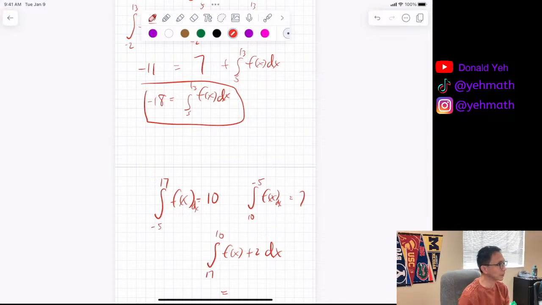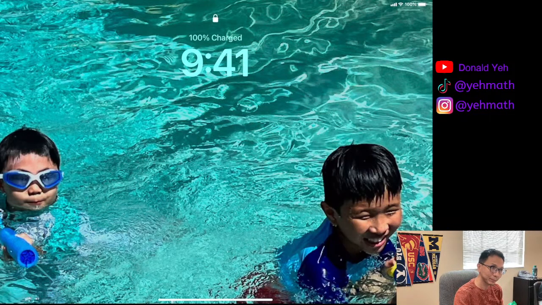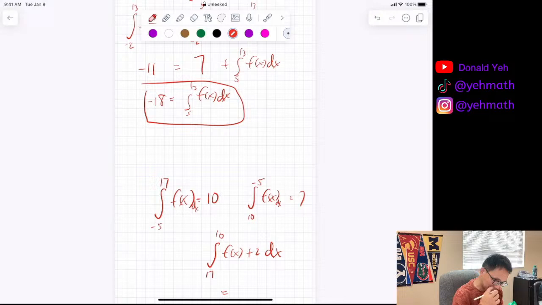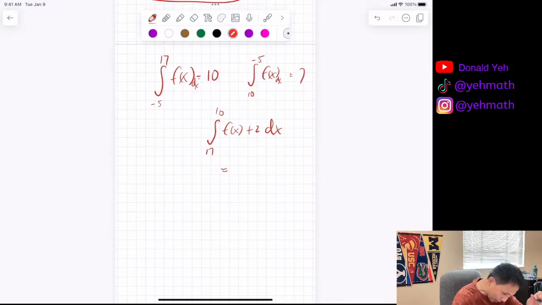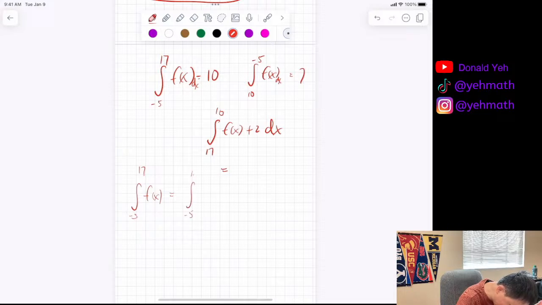Nope. The answer is negative 31. Okay, so if I write it out, the integral from negative 5 to 17 of f of x, that's the correct order, is equal to the integral from negative 5 to 10. But that's the wrong order, but we can change that sign pretty easily. There's dx on all of them.